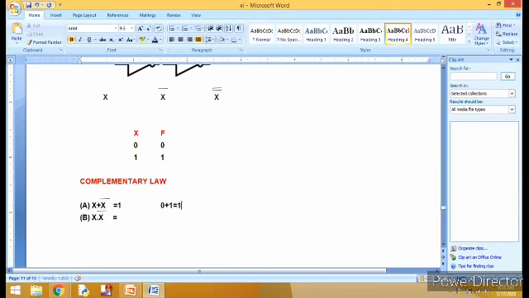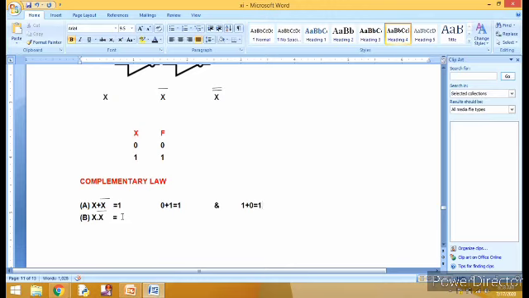Then what output are you getting? 1. In the second case, if we have the x value 1, I'm talking about this x, if this x is 1 and it is added with the inverse of this x, the inverse of this x means 0. Then what are you getting? 1. So is it true or not that x plus x dash is equal to 1? Yes, sir.